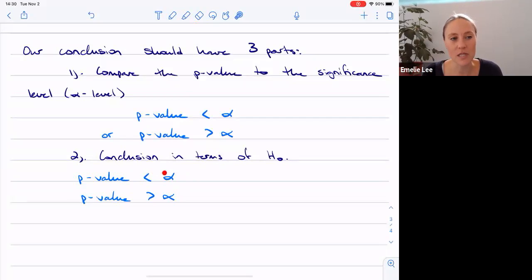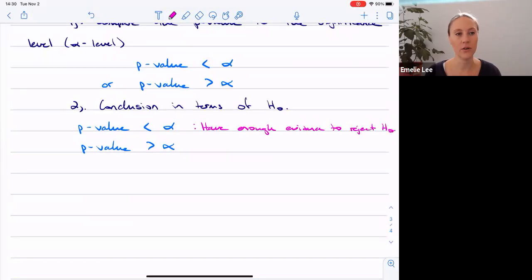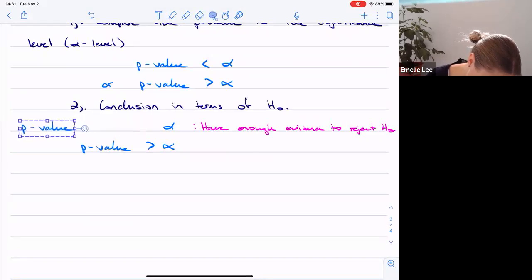So if the p-value is less than the alpha level, then what do you do? Then you have enough evidence to reject H naught. I'm going to reword this, because I want to have this kind of symmetry. So maybe I'll rewrite this in words here.